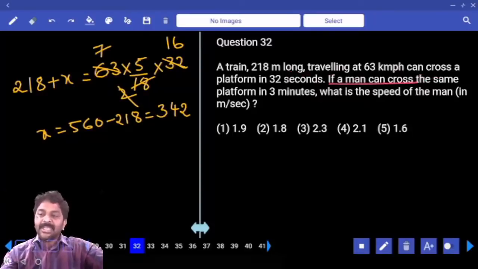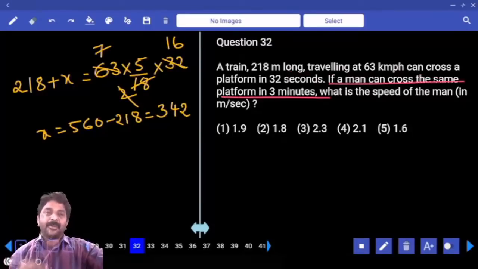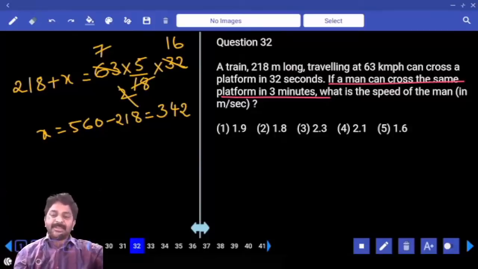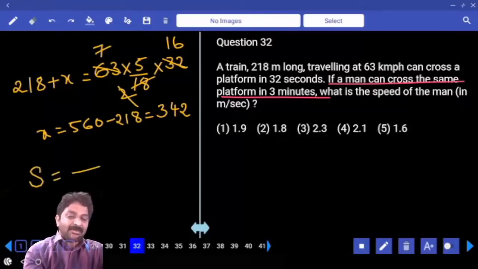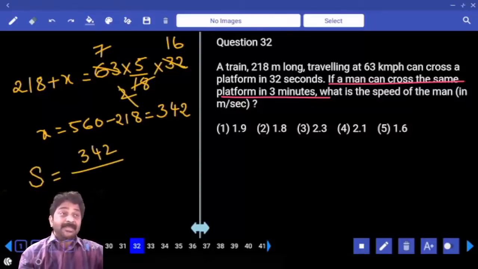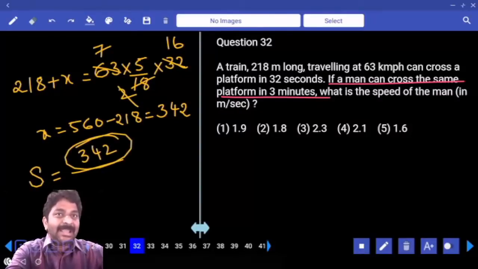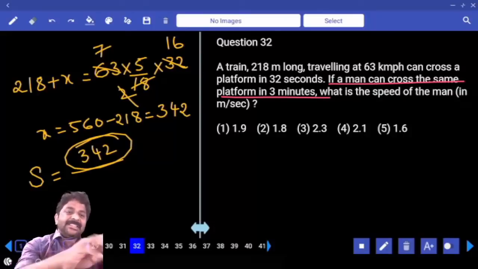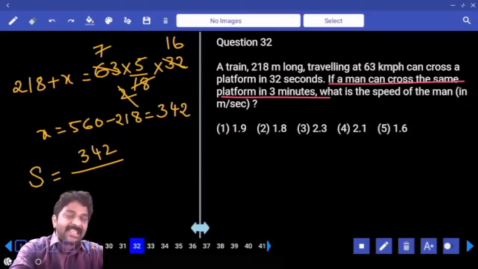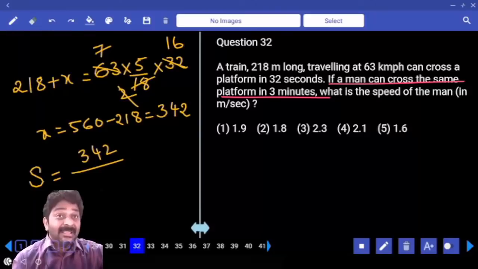Next, continue. If a man can cross the same platform in 3 minutes, what is the speed of the man? Speed of the man is equal to distance covered, which is 342, in how much time? 3 minutes. 342 is in meters, so time must be in seconds, and then speed will be in meter per second.